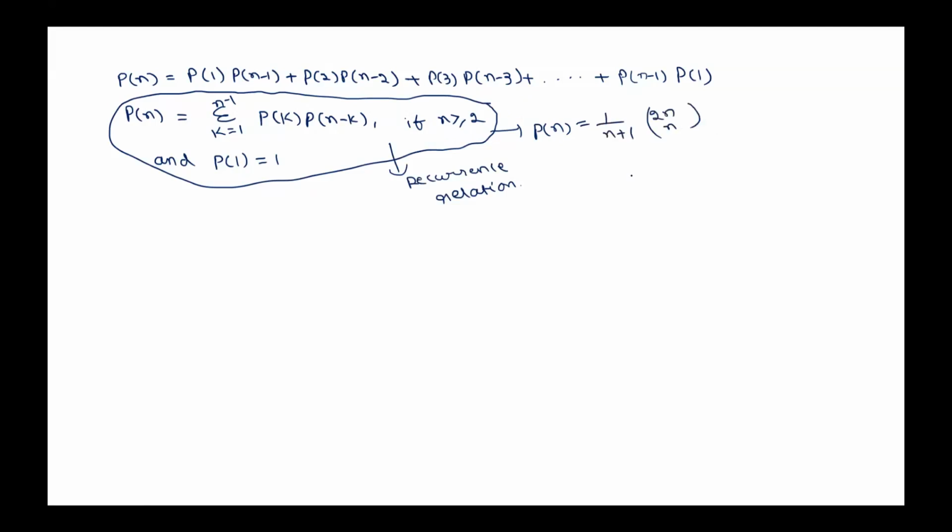Is that correct? What is P4? 1 by 5 into 8C4, which is 1 by 5 into 8 factorial by 4 factorial into 4 factorial, which is 8 into 7 into 6 by 4 into 3 into 2.